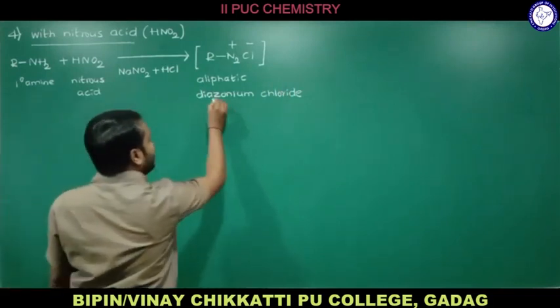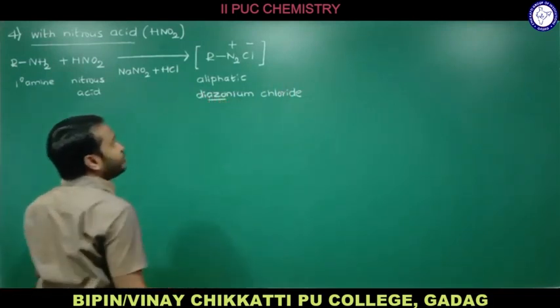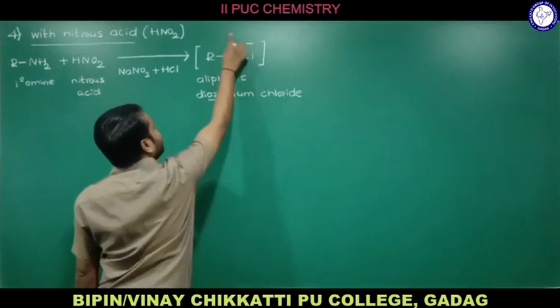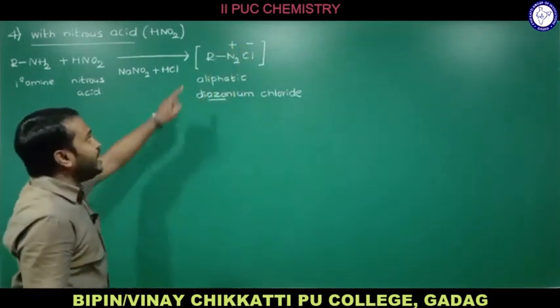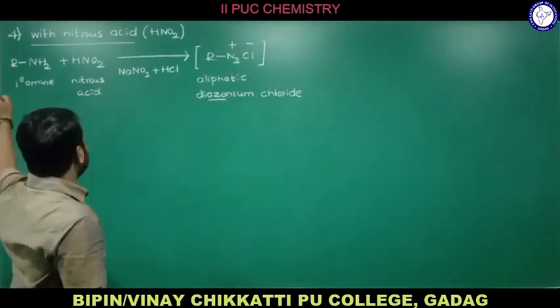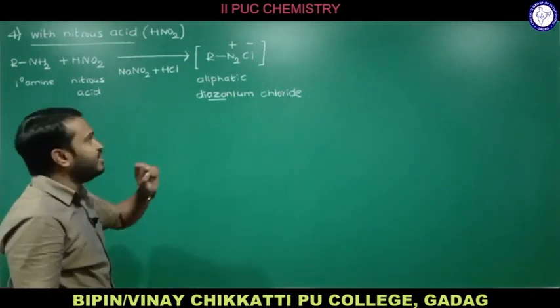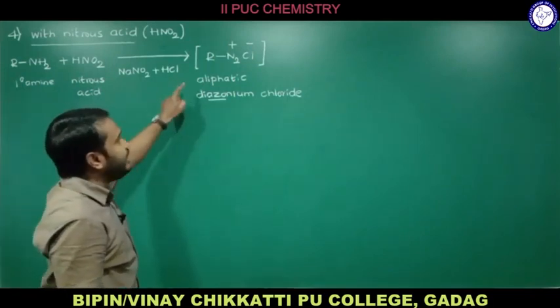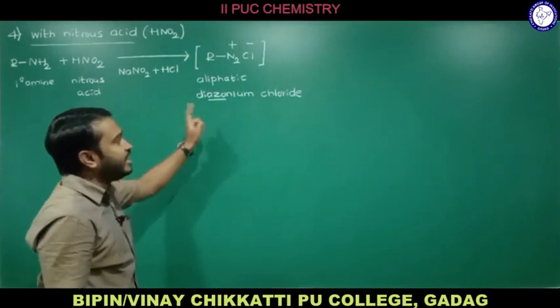Diazo stands for nitrogen, so N2 plus is the diazonium group. R is aliphatic, as I mentioned, because I considered a primary aliphatic amine. So this intermediate, highly unstable compound, is aliphatic diazonium chloride.